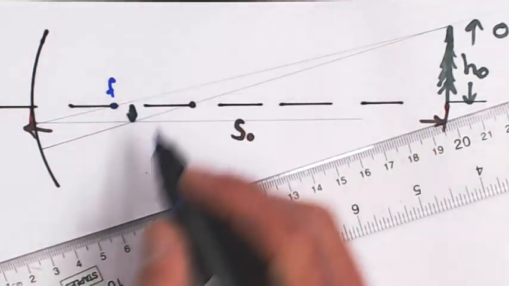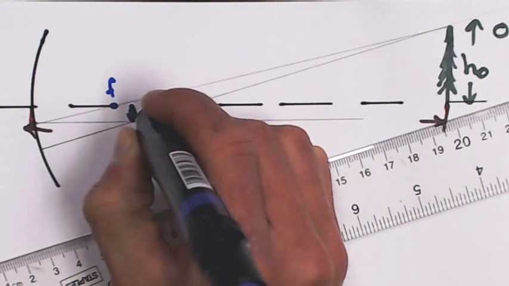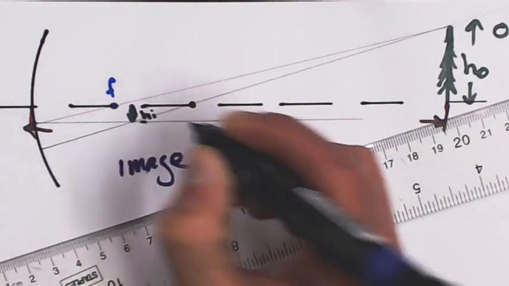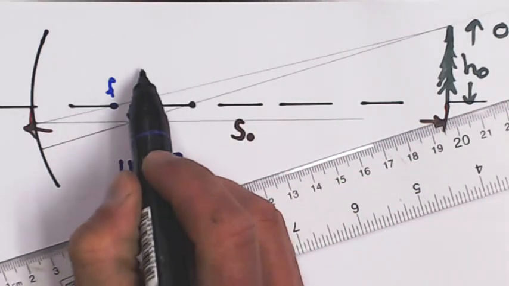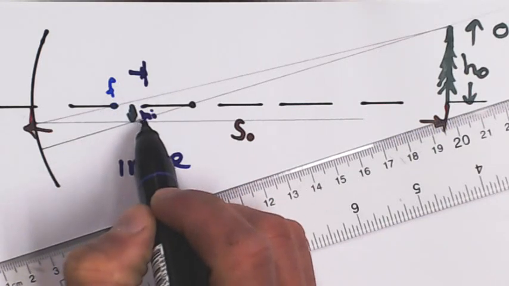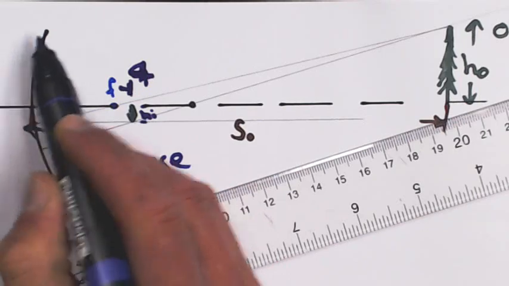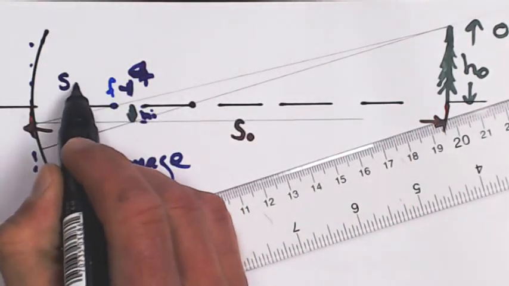This right here is my image. And this height from the principal axis to there is the height of my image. And the distance from my image, it should be right here, to the plane of my mirror is the distance to the image.